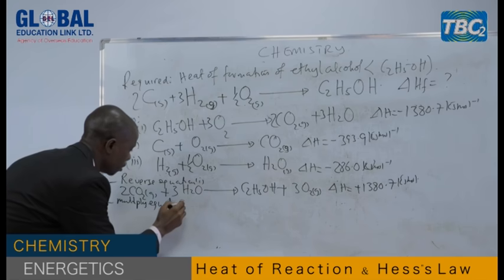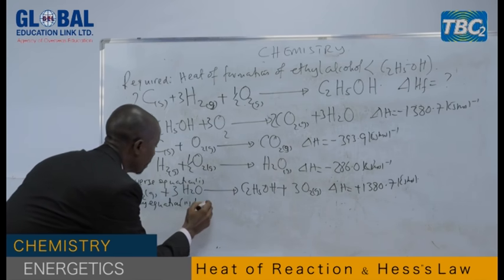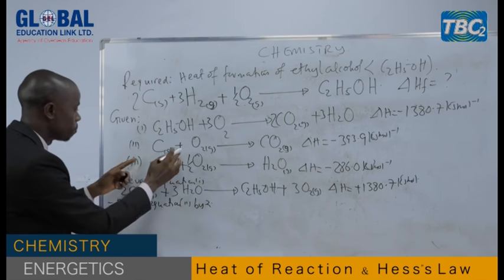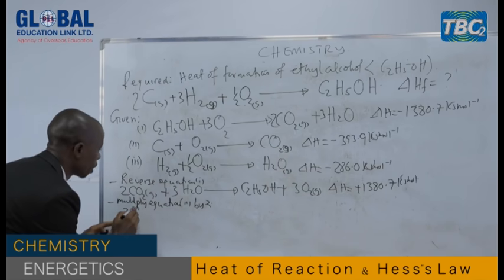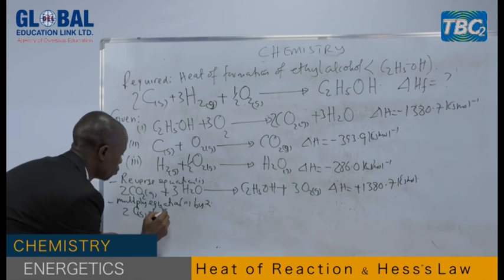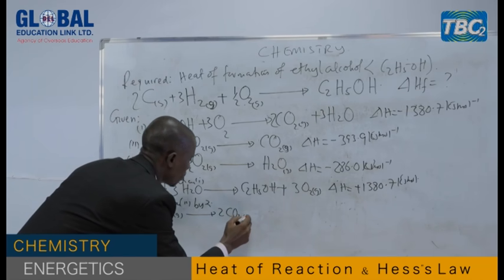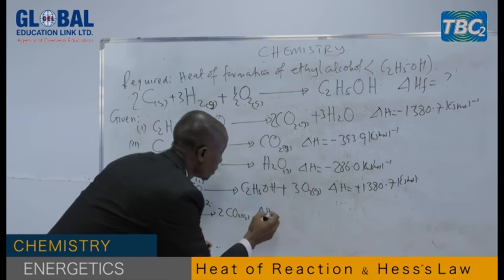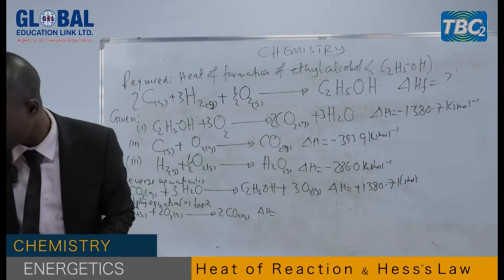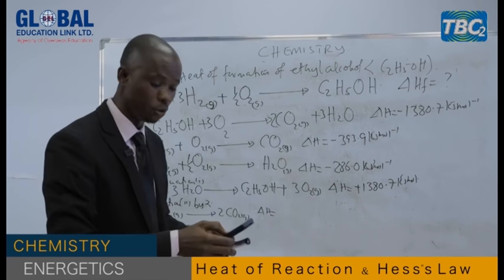equation 2 by 2. When you multiply, you get 2 carbon solid plus 2 oxygen gas to get 2 moles of carbon dioxide gas. And the enthalpy change as well, you have to multiply. Now, use your calculator.